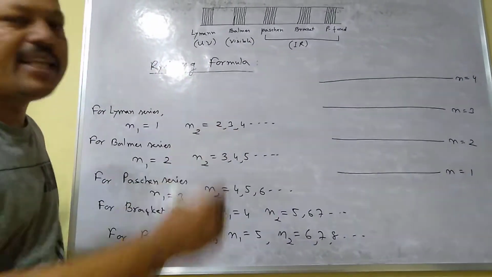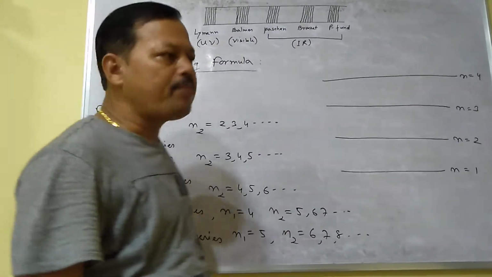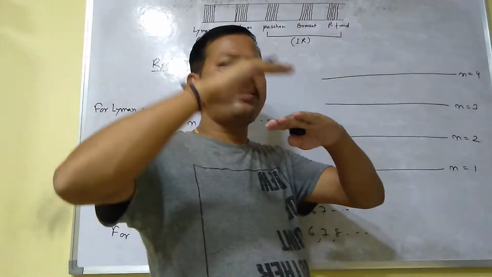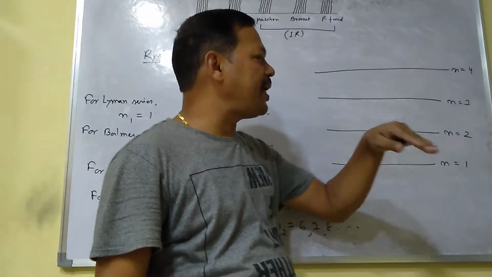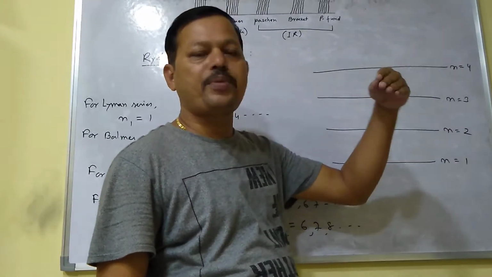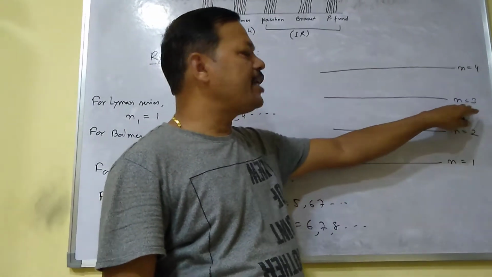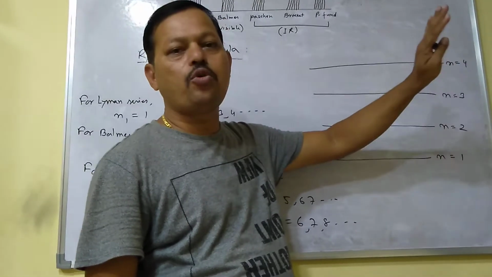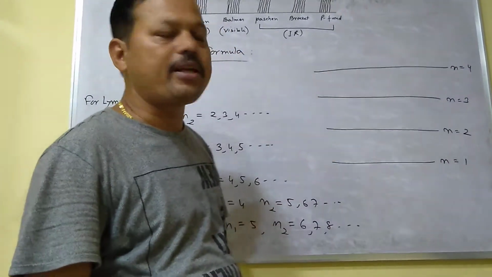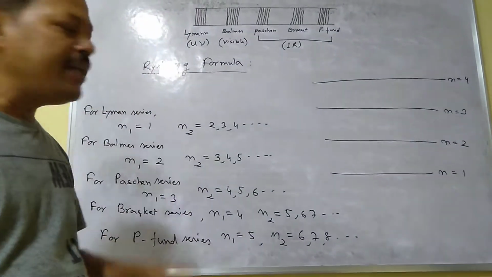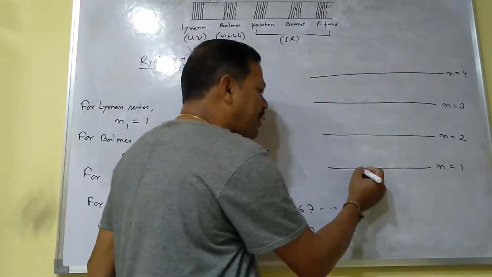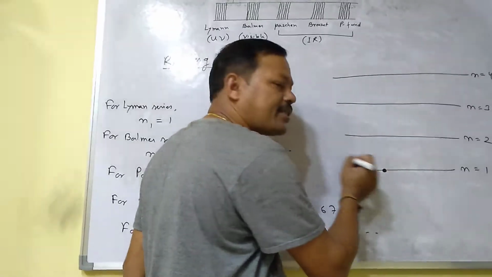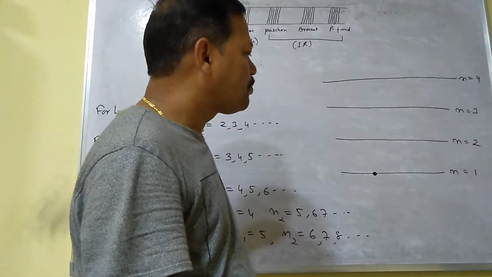Like that, the shells are represented. As you know, there are the K shell, L shell, M shell, and N shell. So n equal 1 represents the K shell, n equal 2 the L shell, n equal 3 the M shell, and n equal 4 the N shell. In the case of the hydrogen atom, as you know, hydrogen contains only one electron, and that electron should be in the first shell, that is, the K shell.